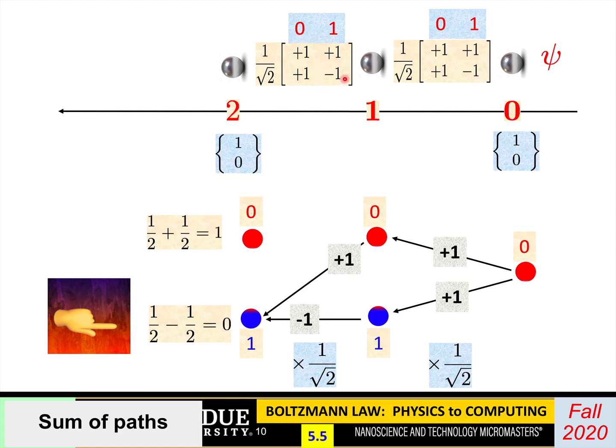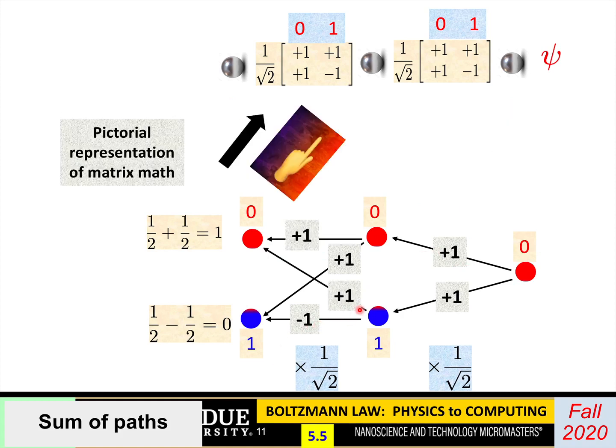That's this element, so that's the negative sign. So now we have two paths, both with amplitudes of a half, but one has a negative sign, so when I add them up, it goes to 0. That's the Feynman way of thinking of what happened here: you can go from 0 to 0 by two paths which add up, and you can go from 0 to 1 by two paths, but then they subtract.